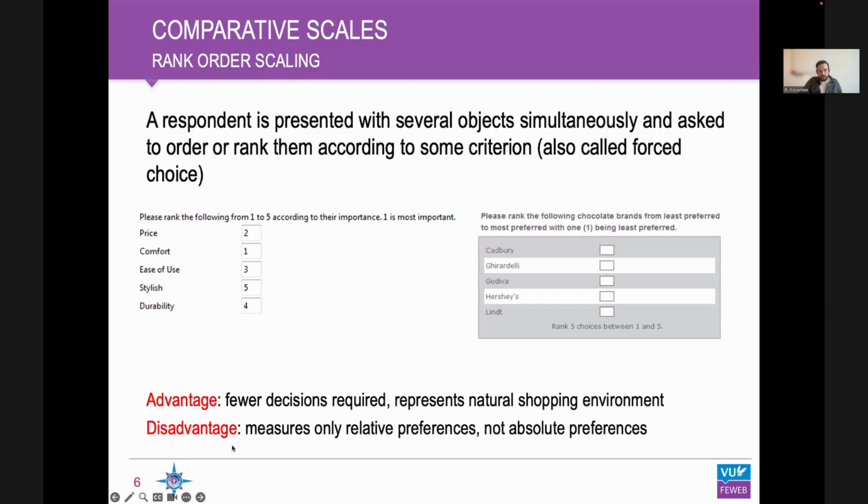But the disadvantage is that in that case, of course, you measure only relative preferences and not absolute preferences, meaning that, for instance, in this case, the comfort is the most important within this set of dimensions. So maybe you have something more important than comfort, but it's not listed here and we don't know that.